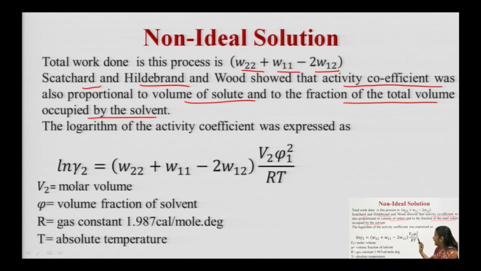Now, if we take the logarithm of the activity coefficient, we can express it in this form: log of the activity coefficient is equal to the total work done multiplied by the volume of solute and phi, the volume fraction of the solvent, divided by R T, where R is the gas constant and T is the absolute temperature.